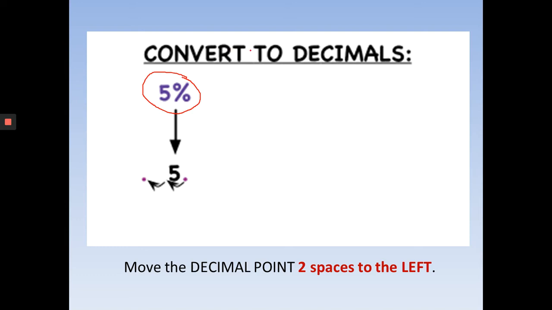To convert a percentage to a decimal, you have to divide that by 100. Why? Because percent means 100, right? 5 out of 100. So remember, when you convert percentage to decimals, you have to divide.